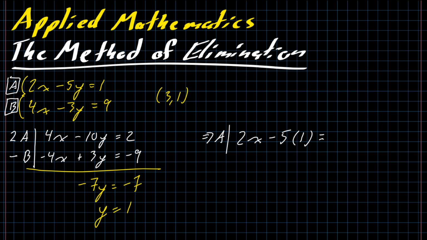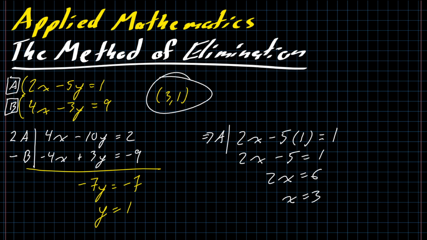But when you have a whole number to plug in, generally there's not much of a difference. But I plug that in, I get out that x is 3. x is 3, y is 1. That gives us the same solution, (3, 1), that we got using two other methods in a previous video.